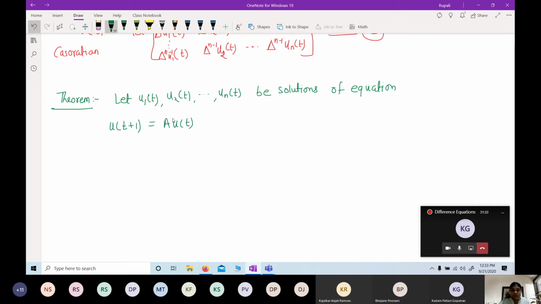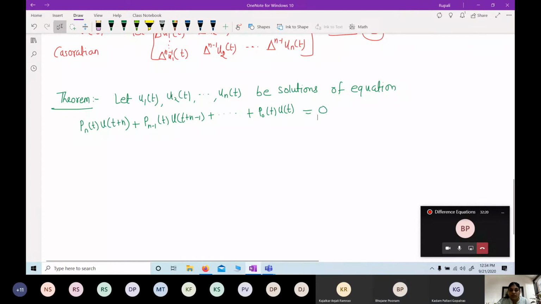No, not that one. 3.4 dash is the homogeneous nth order equation: Pn of t into u at t plus n, plus and so on, plus P1 of t u at t plus 1, plus P0 of t u at t, is equal to 0.